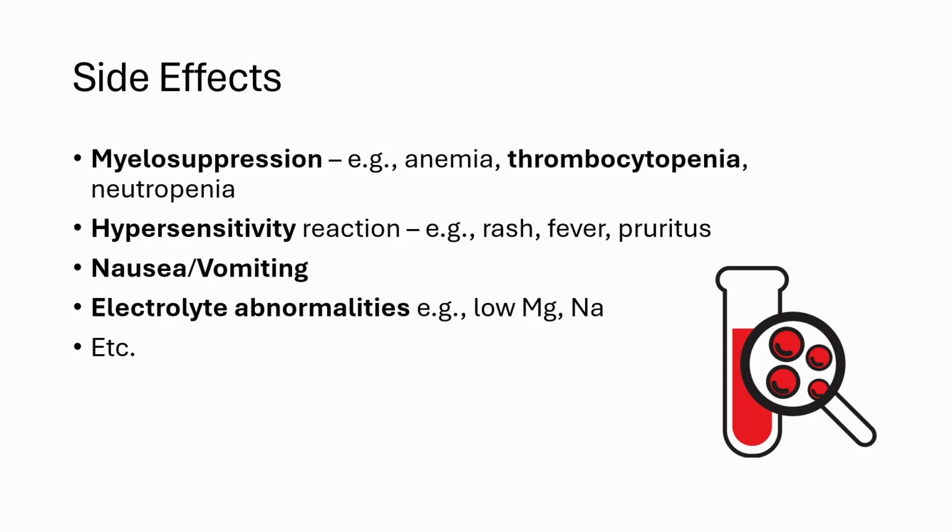Some common side effects of carboplatin include low blood counts, such as platelets, nausea, vomiting, allergic-like reactions, which may happen during administration or hours to days later, and electrolyte abnormalities. As mentioned before, carboplatin is less associated with toxicities, but can still have toxicities to the nerves and kidneys, as with cisplatin.